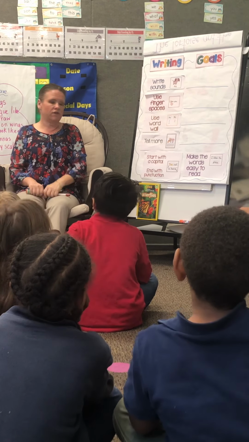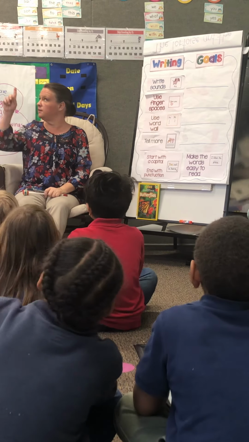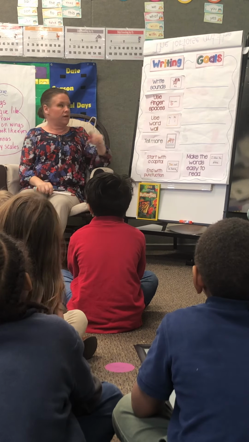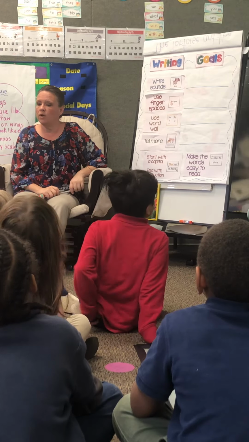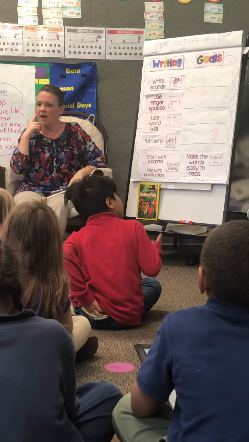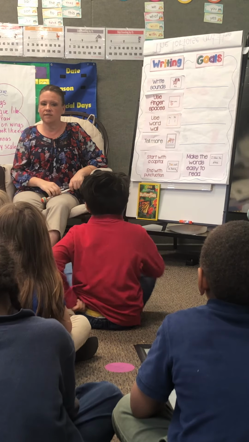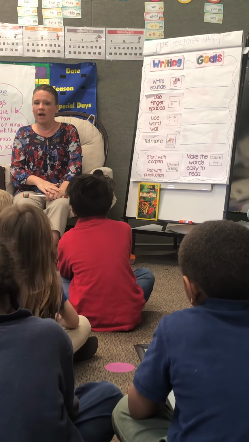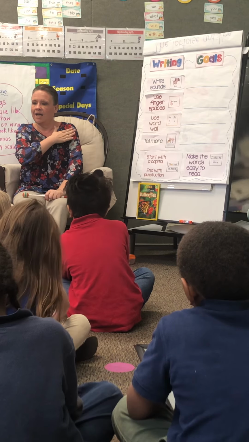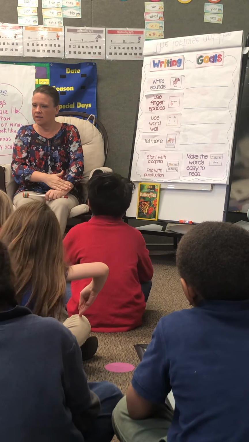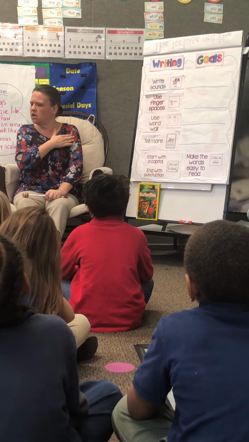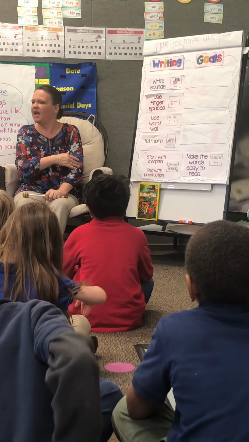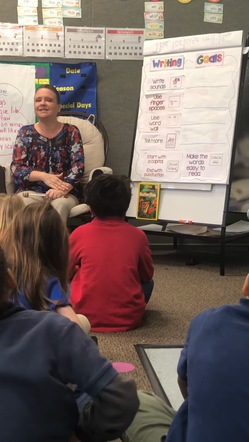If we need to look for a word, where can we look? On our word wall. Very good. If you don't know how to spell a word, I want you to use the sounds and write those sounds, just like we do when we are stretching a word out, like k, a, t, cat. So we know k, c, a, t.